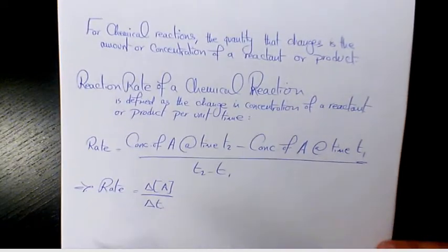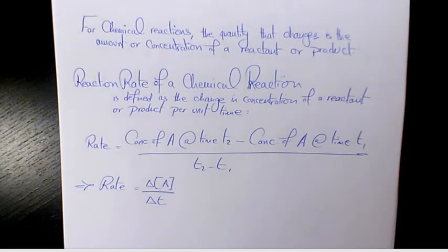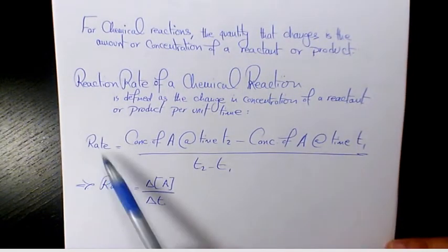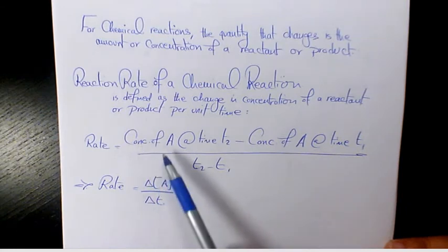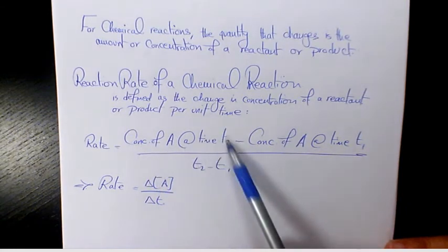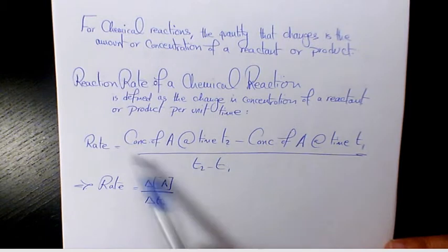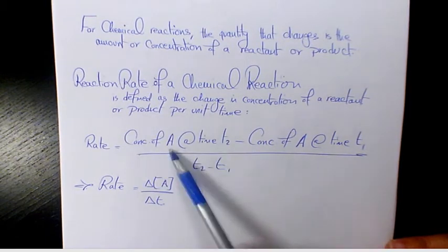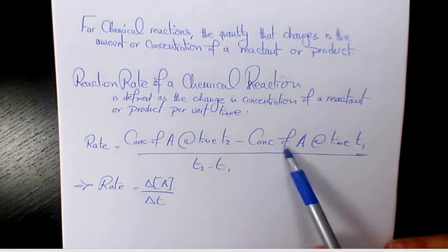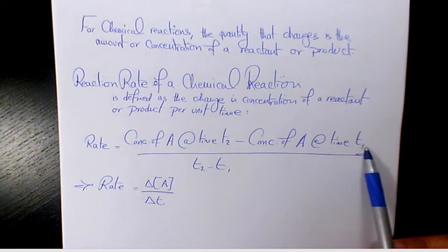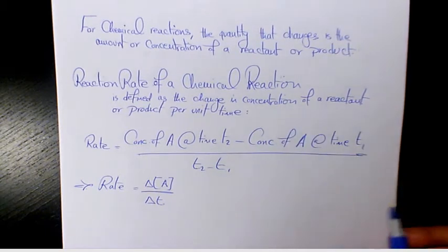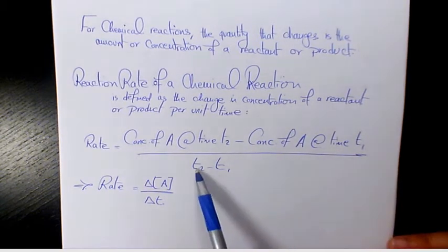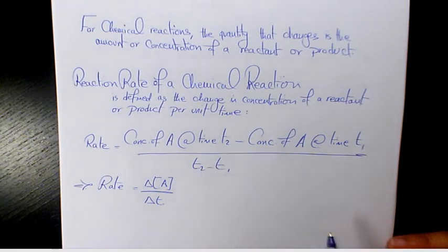So let's see it in terms of formulation here. Rate of reaction equals the concentration of A at time T2. It means the final concentration of A minus the concentration of A at T1, or initial concentration of A, divided by T2 minus T1, which is delta T, the change in time.